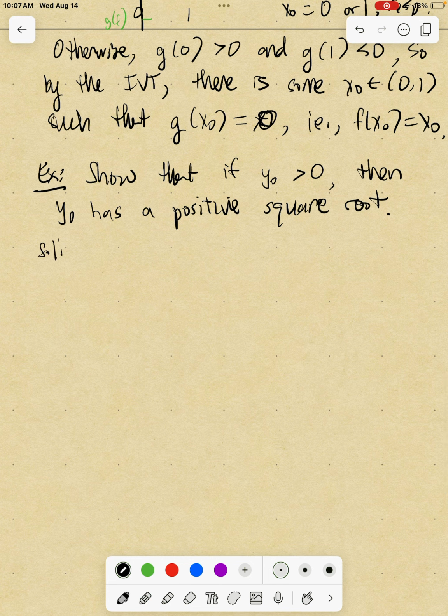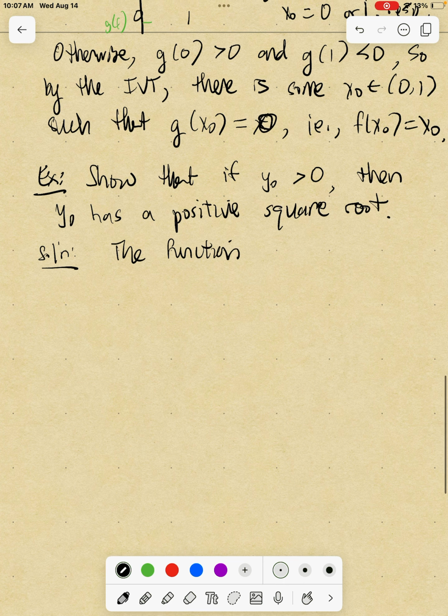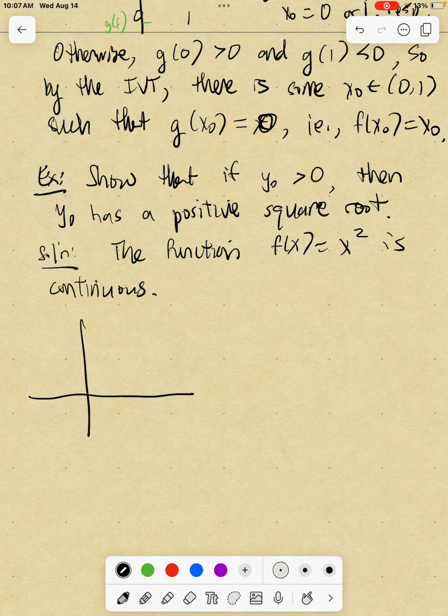Alright. So we're considering the function f of x equals x squared, right? Well, this is continuous. So let's just draw a picture to get an idea of what's going on. So you have y equals x squared, and you have y naught somewhere here.